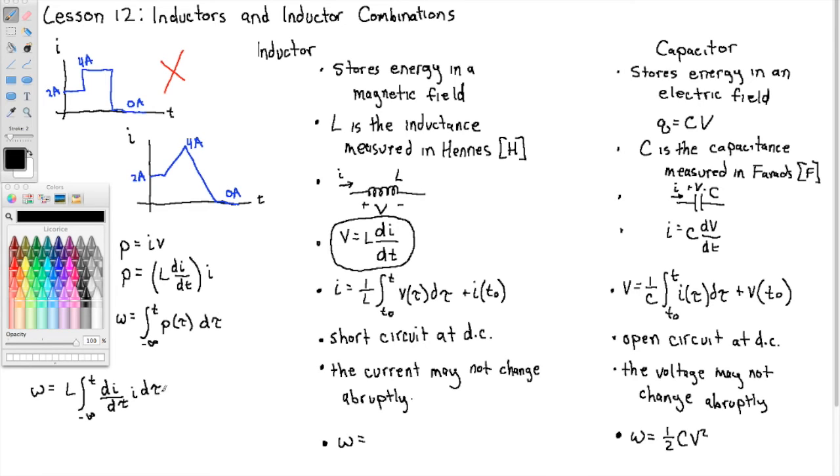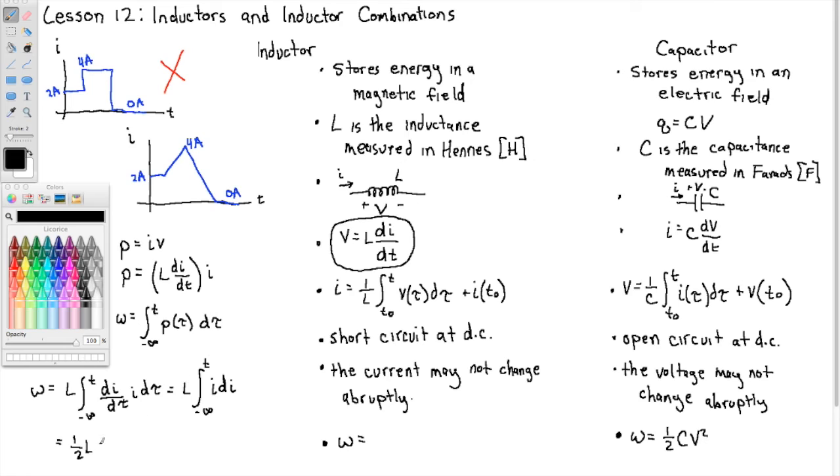So the d taus cancel, and we're left with L times the running integral of I di. So when we do that integration, we get 1/2 I squared. So this is 1/2 L I squared.